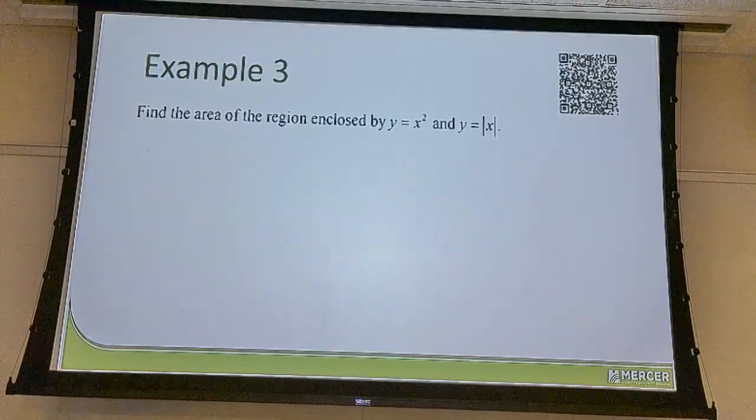I think we should use symmetry for this one. That way we don't need to split absolute value of x into a piecewise function. We're going to wind up doing both.